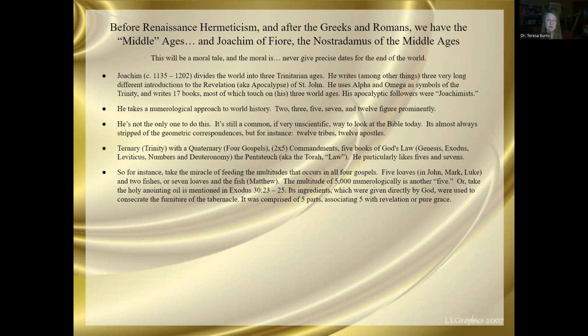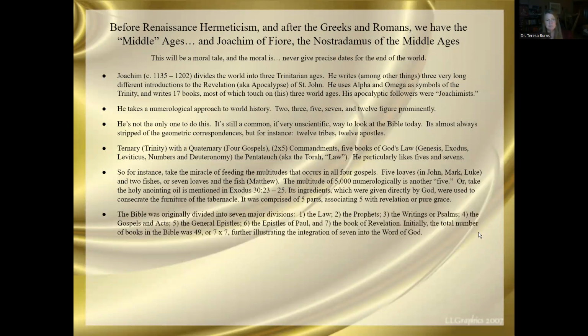Just a side editorial comment, it's associated with the pentagram also. Pentateuch, pentagram. So the whole idea of a pentagram, for example, being diabolical or something just maybe means someone hasn't studied the Bible.